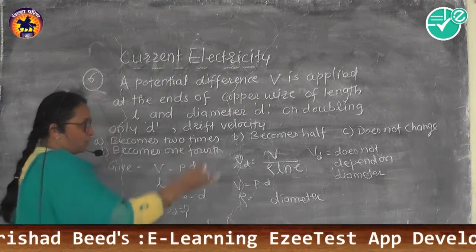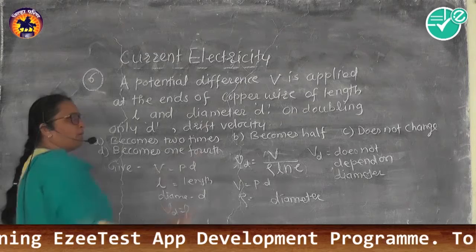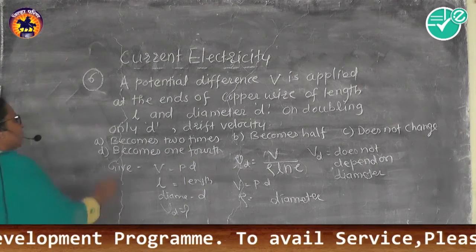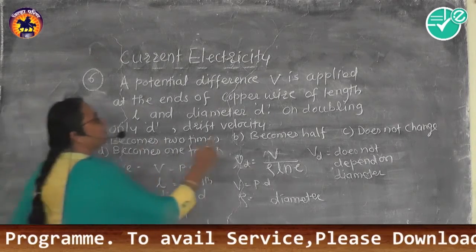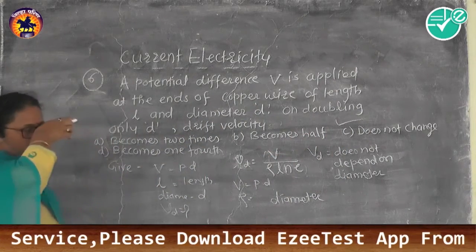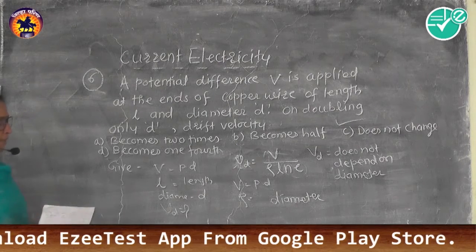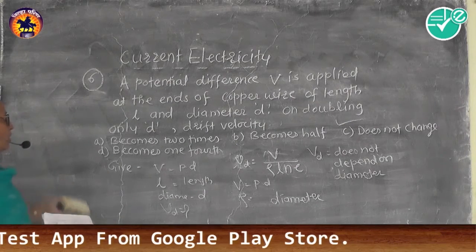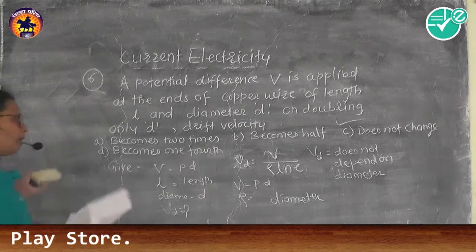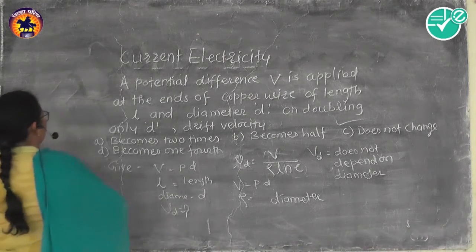And as Vd does not depend on diameter, if there is any change in diameter, there is no change in drift speed, and hence the drift speed does not change. So this is the final answer for this MCQ. As drift speed does not depend on diameter, any change in diameter does not cause any change in drift speed.